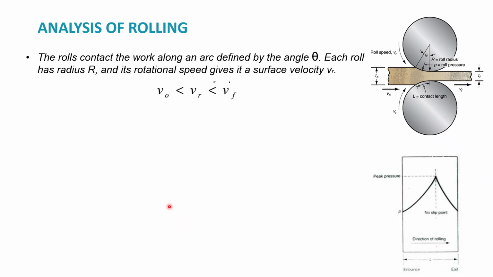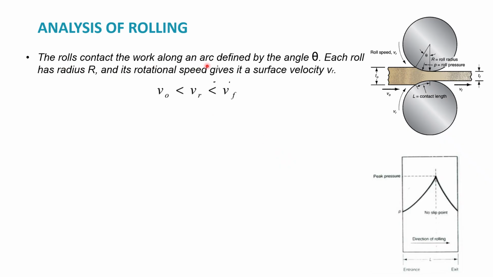You know that we're always going to have some mechanical issues happening during the rolling process. The velocity initially is going to be less than the velocity of the roller, and this velocity is going to be less than the velocity at the exit, the final velocity.